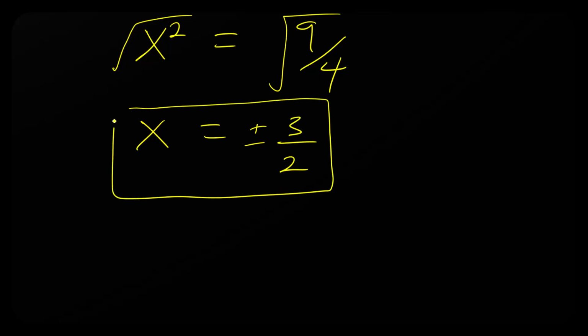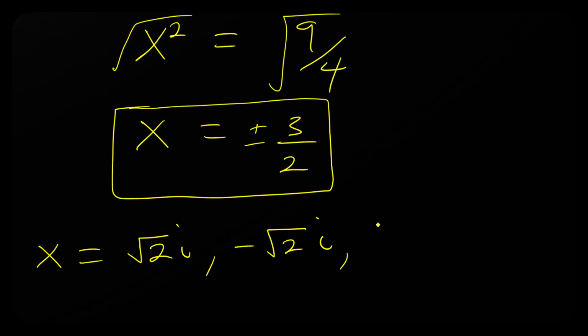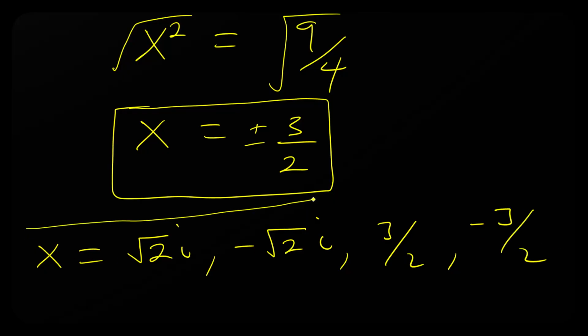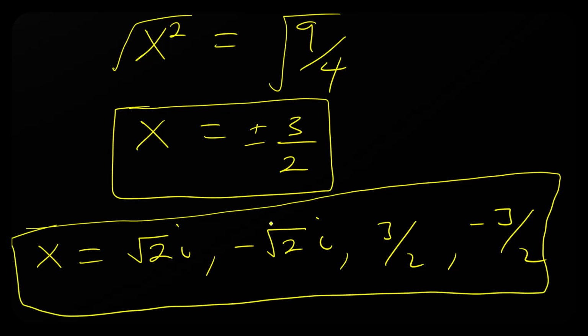So that's that. The four solutions are the square root of 2 times i, minus the square root of 2 times i, 3 over 2, and minus 3 over 2. So we have 4 solutions. As simple as that.